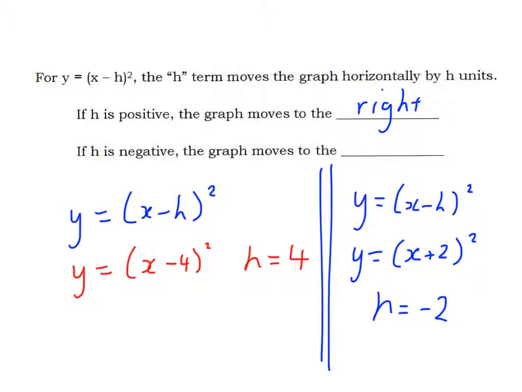I know it doesn't really look like it because you've got a plus sign in there, but compared to our standard one, in order to get it like this we're saying h is negative 2. So in this case h is negative, and the graph moves to the left.